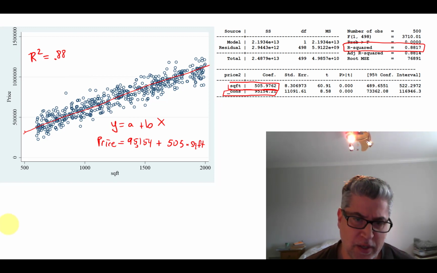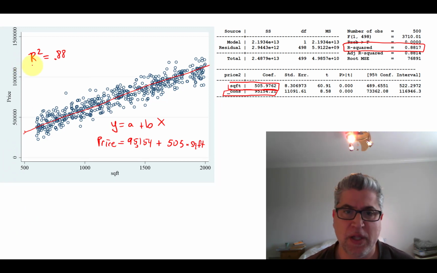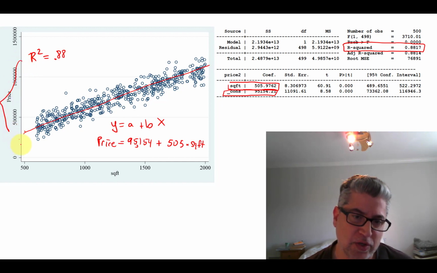They go from about 250,000 all the way up to a little bit over 1 million.